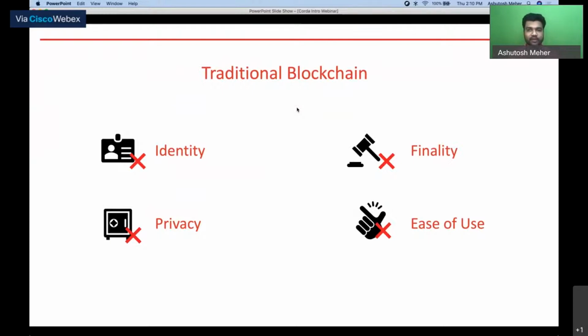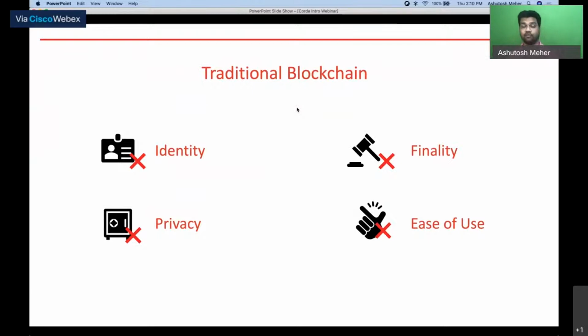The next problem is around privacy. Public blockchains are great. They have a thing called transparency, which is good in a lot of use cases, but in business terms, how would you do business in a situation where whatever you put in a blockchain just gets distributed to everyone?